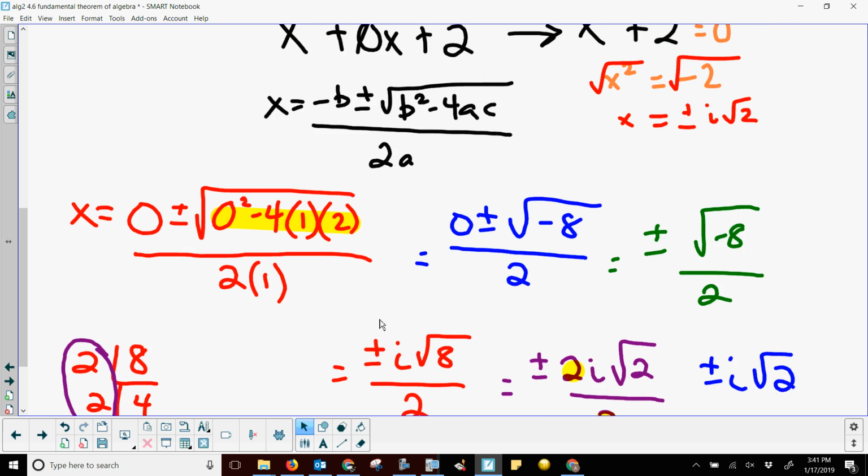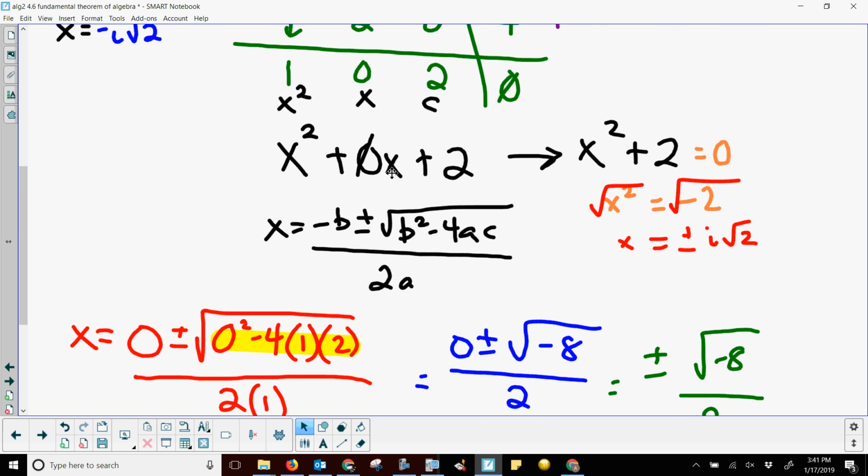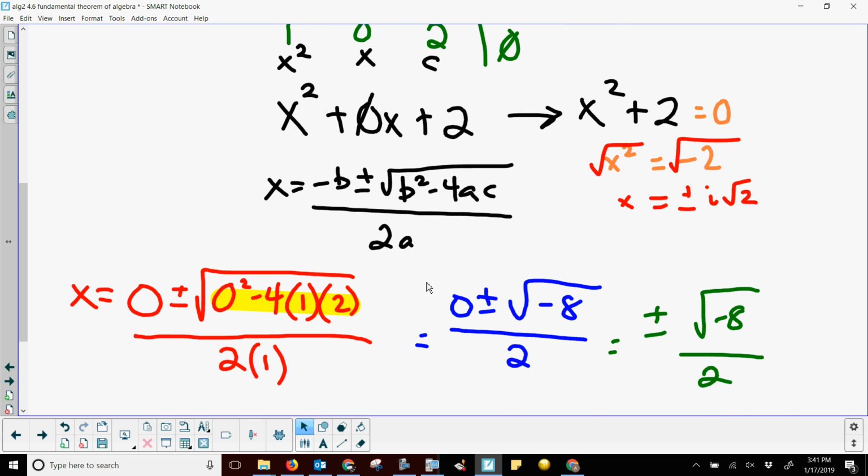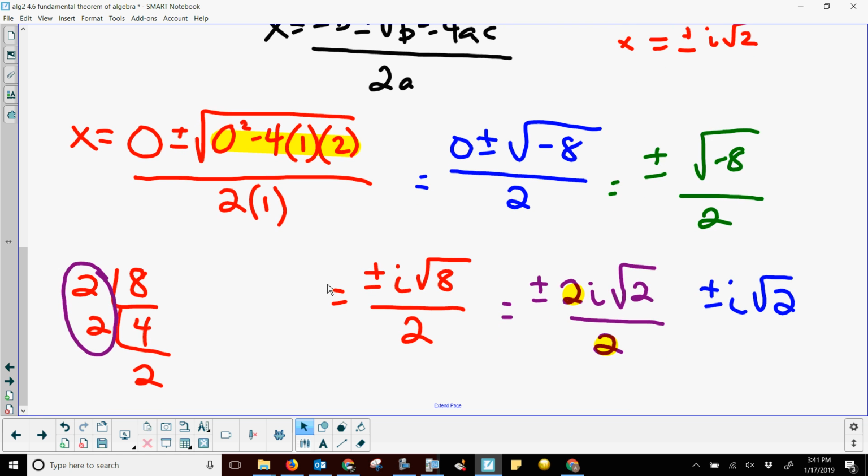And I know it was so much faster, but if that value is not 0, you've got to be in the practice of doing the quadratic formula. I did not do this in class, so if you're watching this video, you got a little bonus that could go a little bit faster. If you're ever missing this, really just move it over, square root both sides, and simplify what's there. You get to skip all of this.